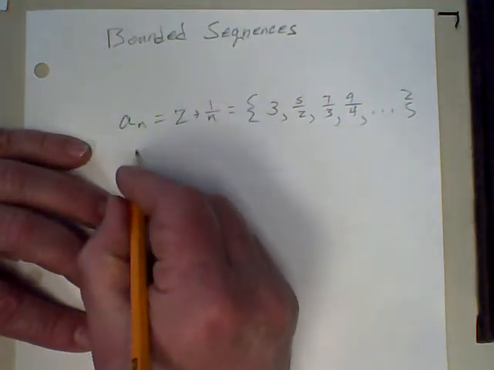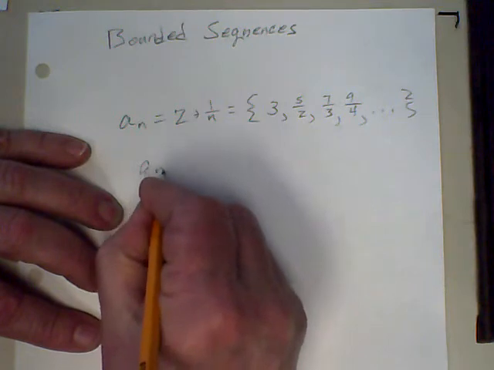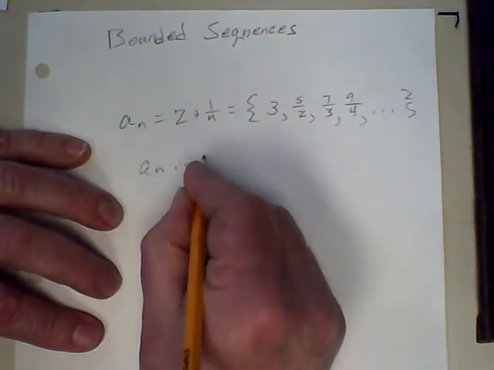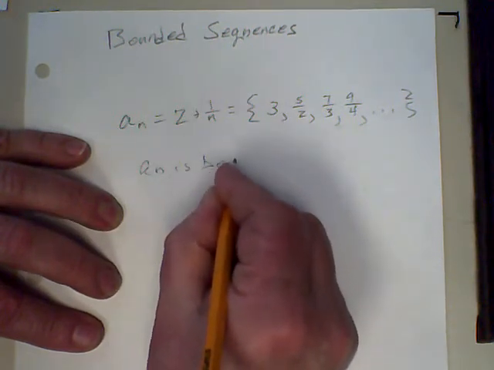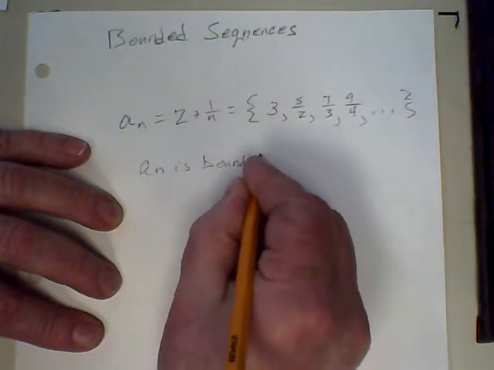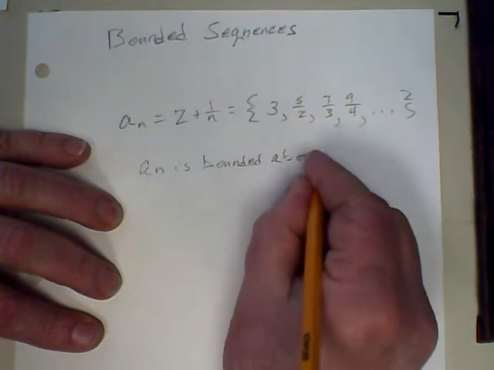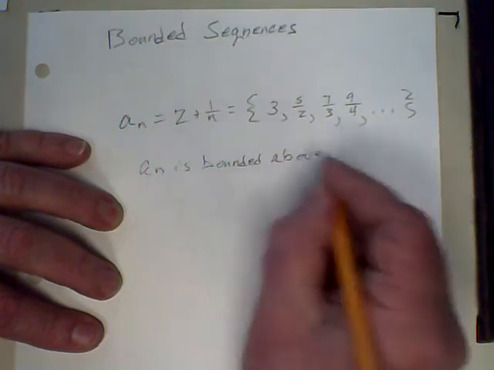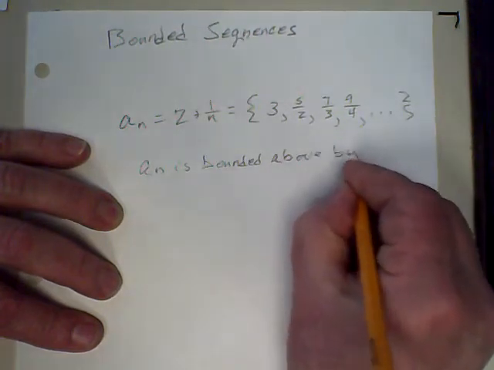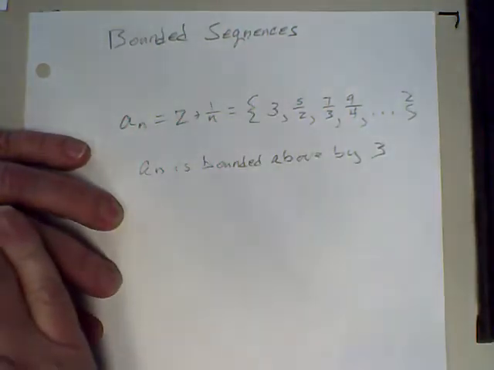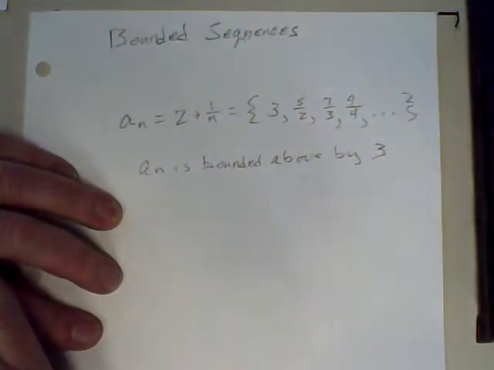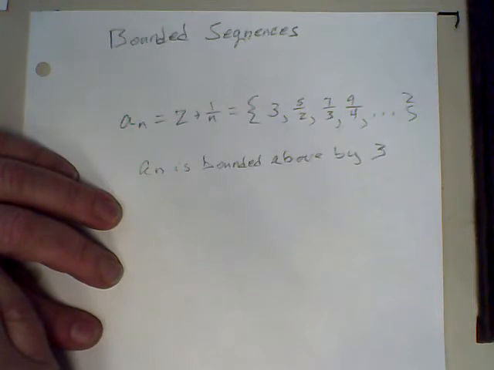So we could say that a sub n is bounded above by 3. It never goes above that value 3. So 3 is the boundary for the values in the sequence.